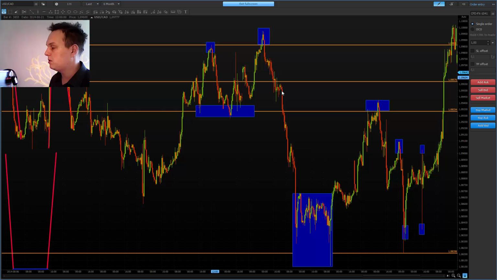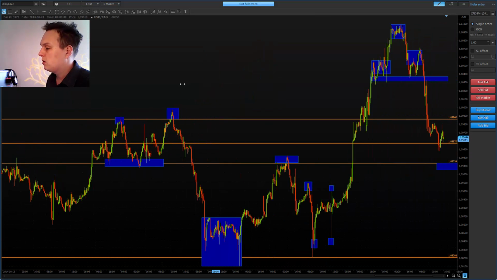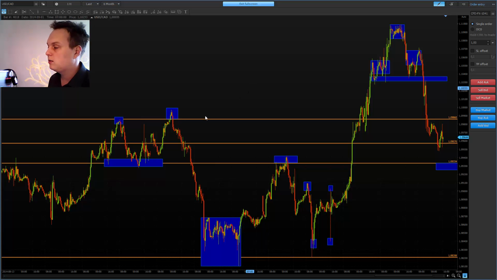We see something like choppy sideways, and what we need to know is the overall trend on this pair, because supply and demand zones, resistance and support levels tend to be broken. Some are broken, some are holding and reversing the price. So we need to determine somehow where the probability is, what the edge is.